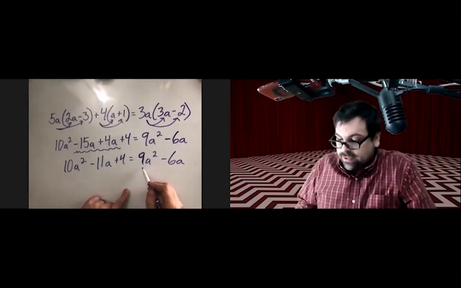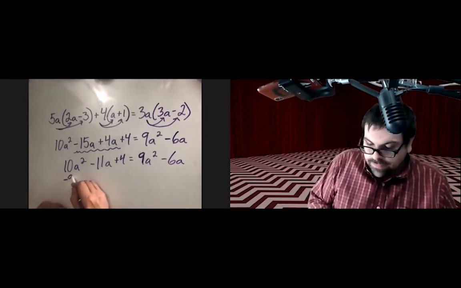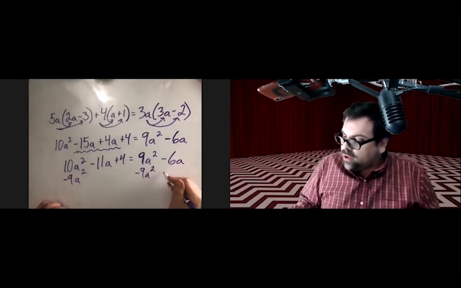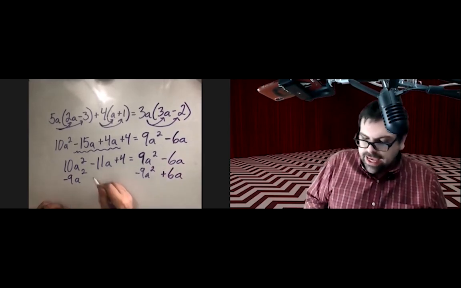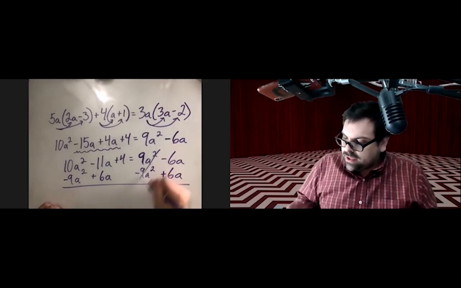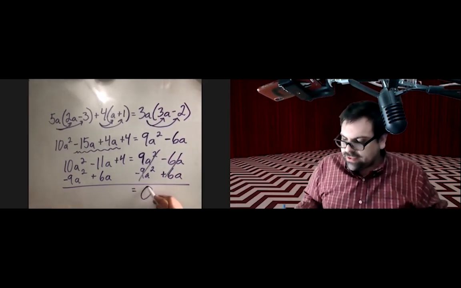I'm going to subtract the 9a squared from both sides. And I'm going to add the 6a to both sides, because that gives me 0 on the right.